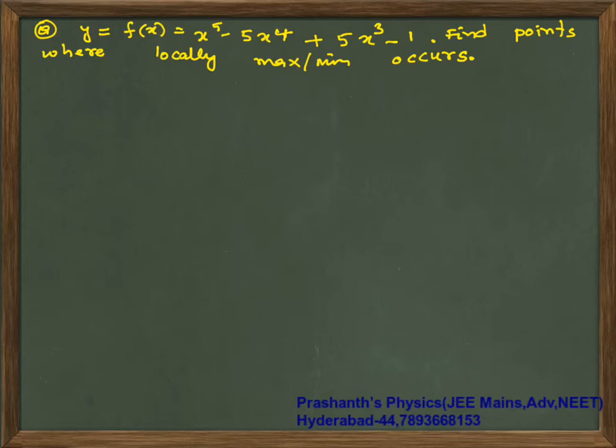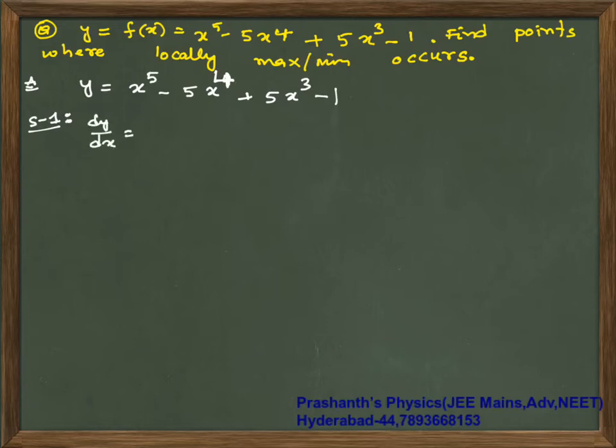Okay, so how am I going to do that? I have the function y equal to x power 5 minus 5x power 4 plus 5x cube minus 1. Step 1 is calculating dy by dx.